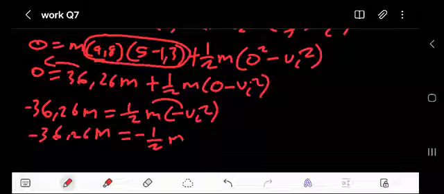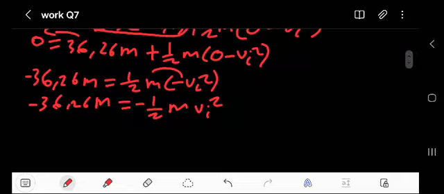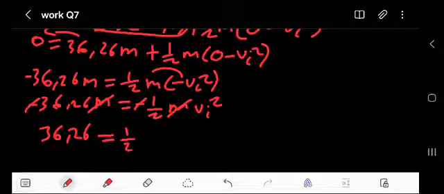So m, which is the mass, times vi squared. You know the law of maths, we have an equal sign. What is the same will cancel what is the same. Mass and mass will fade away. Negative and negative will fade away. We'll simply be left with 36.26 is equal to 1 over 2 vi squared.